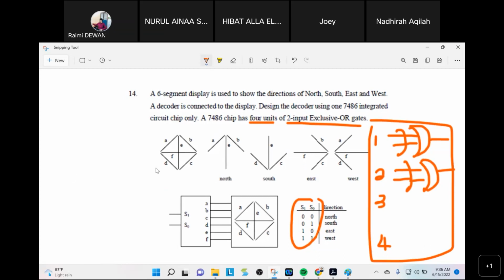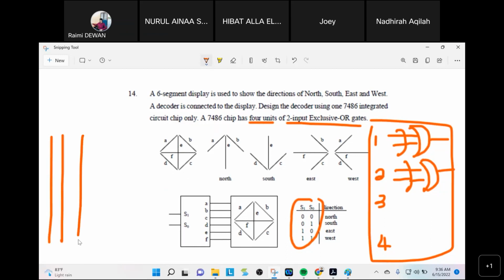So you need to make a table. This is the decoder. Then you have A until F, and you see the output here is 6.